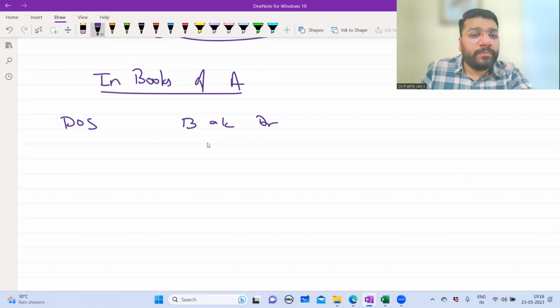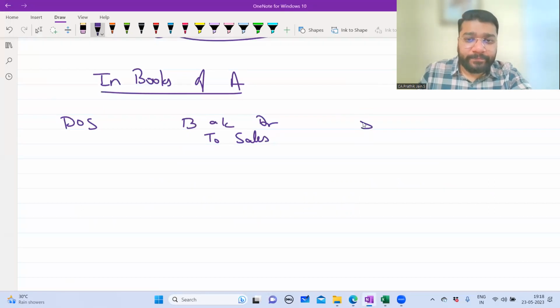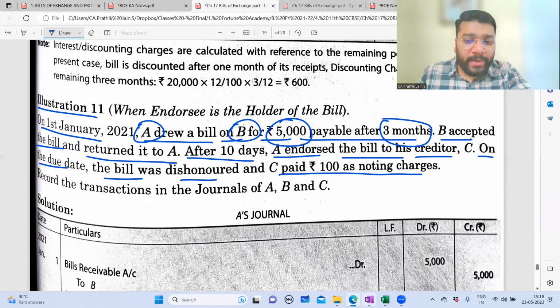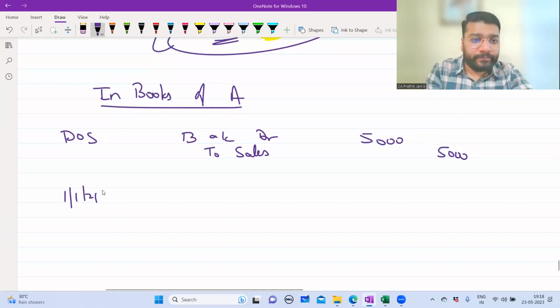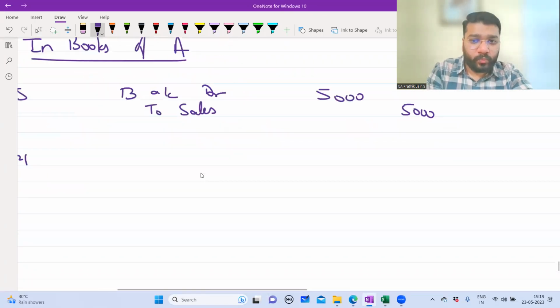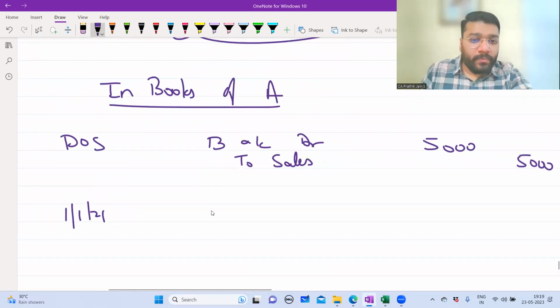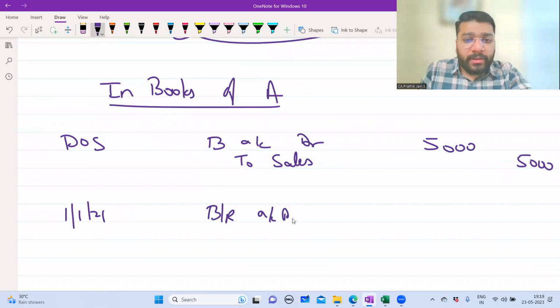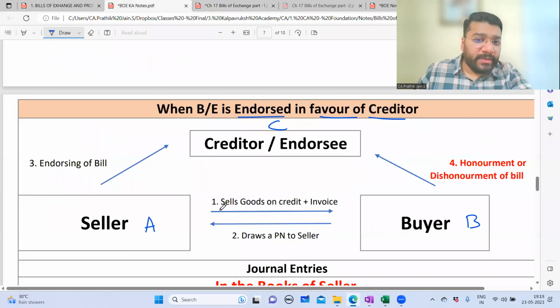B account debit to sales, 5,000 rupees. When was the bill executed? On 1st Jan 2021. Bills receivable account debit to B, 5,000. Any problem? So guys, the first transaction, the sale transaction, we have recorded.